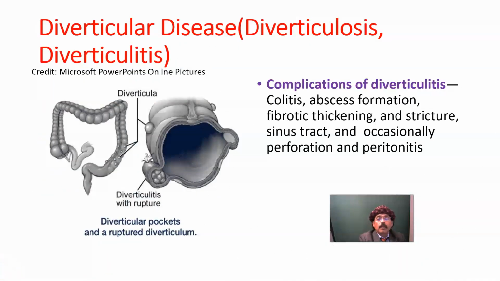So here, diverticular disease, diverticulosis, diverticulitis. Here is the diverticula. The mucosa and submucosa go out through the muscular layer, and this is the diverticula, containing fecal matter that may be obstructed here, and there may be congestion, and there may be perforation here.